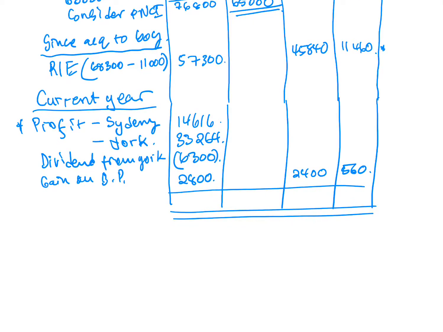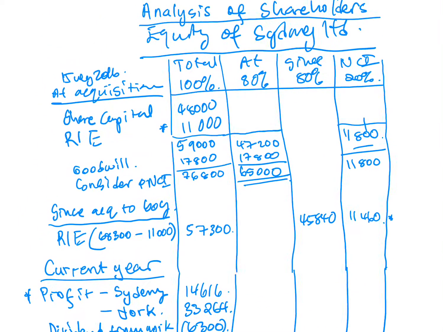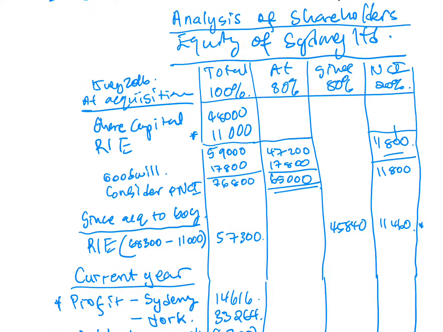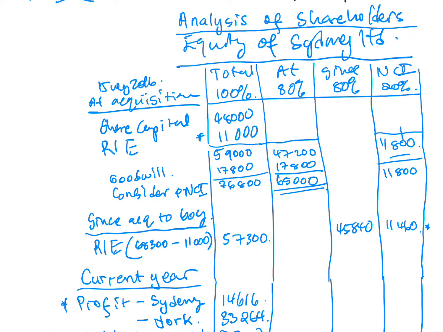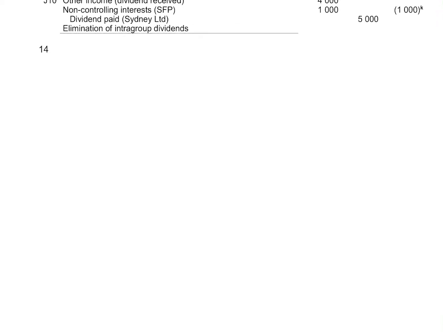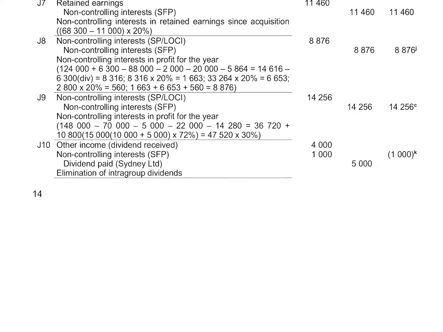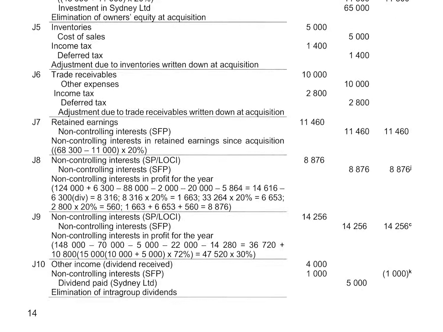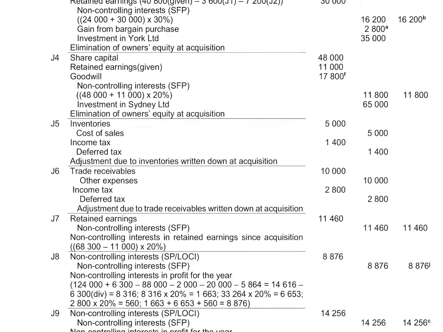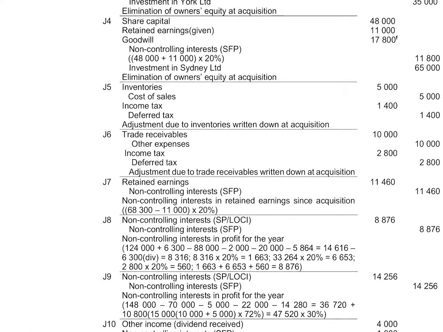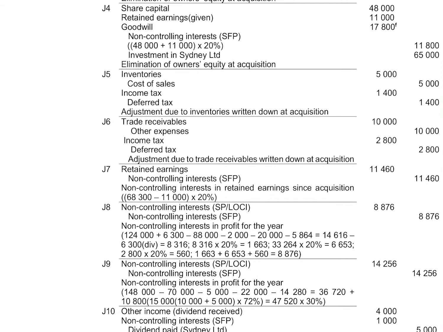So let's start our journal entries. Right, which journal entries do we have? Now these ones are common, so I'm not going to waste time. You have them on your solution. They're not complicated.